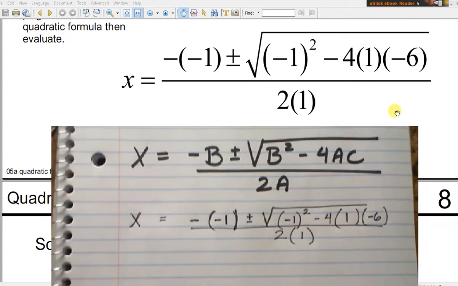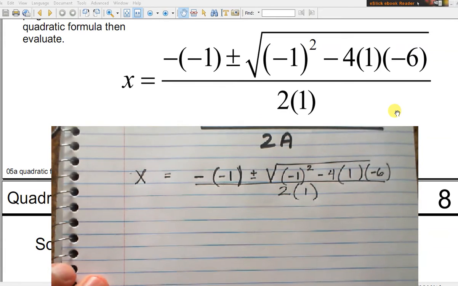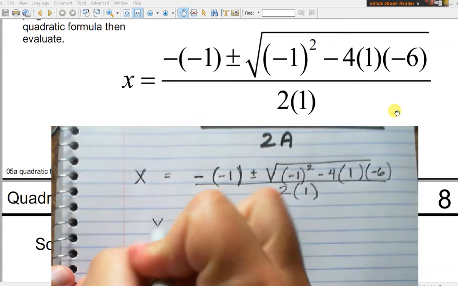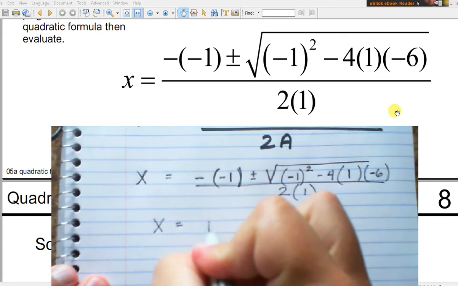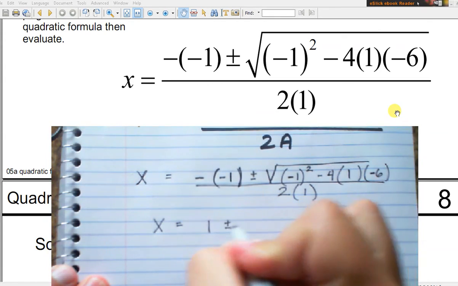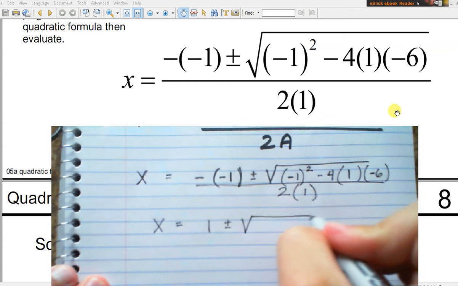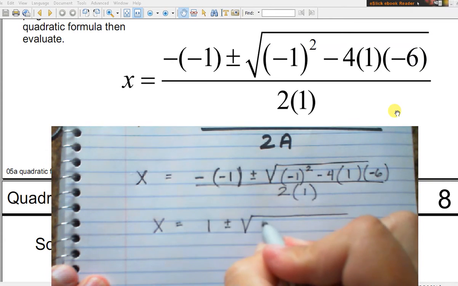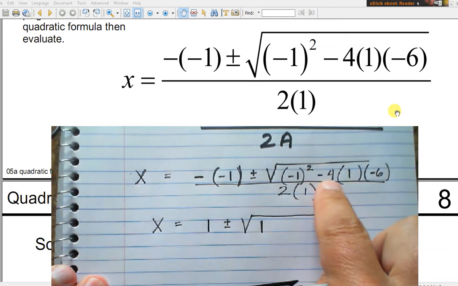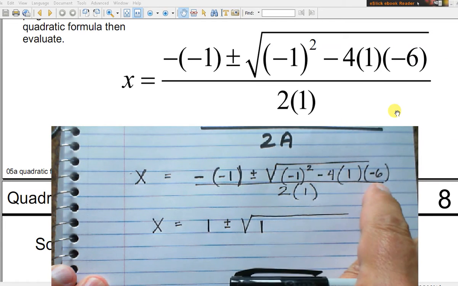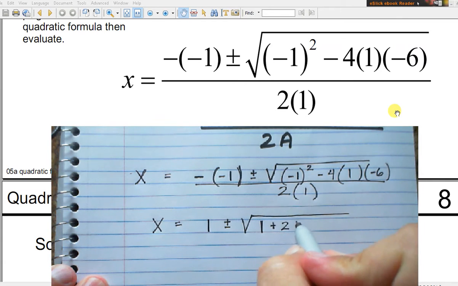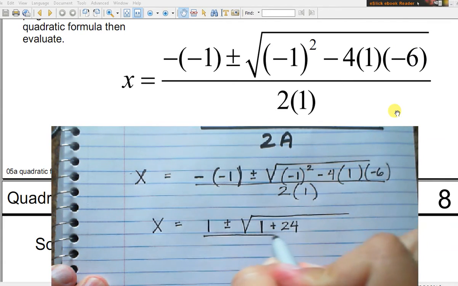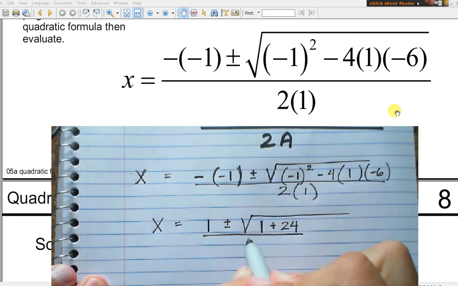Now we're just going to work through this and simplify it down. Negative -1 is 1. Plus or minus the square root. Negative 1 squared is 1. Negative 4 times 1 times negative 6 is positive 25. No, excuse me, positive 24. All over 2 times 1, which is just 2.